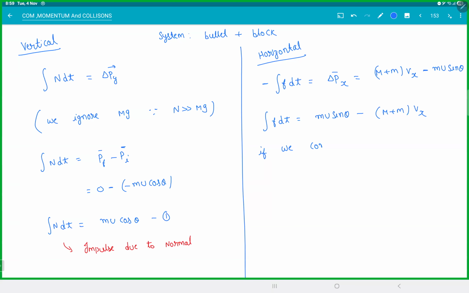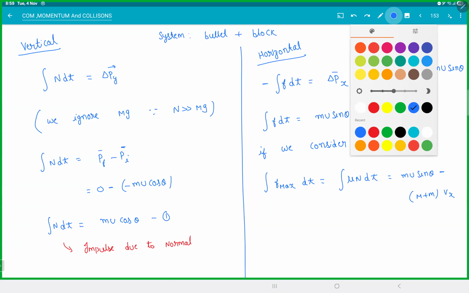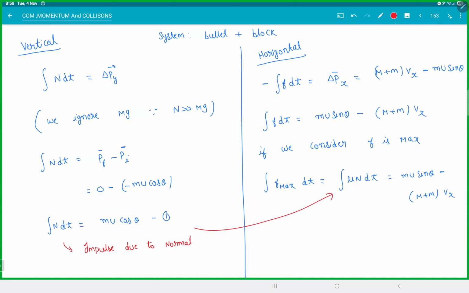So let's take that case. If we consider f is maximum, you will see why, there will be a trap there. Basically, this will become integral f max dt. But what is f max? Integral mu N dt. This is mu sine theta minus (m plus M) vx. But what is N dt? N dt is mu cos theta. Substitute here.